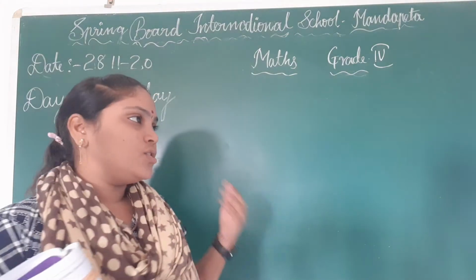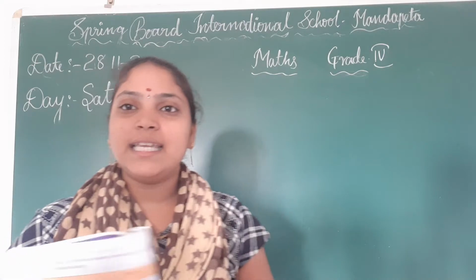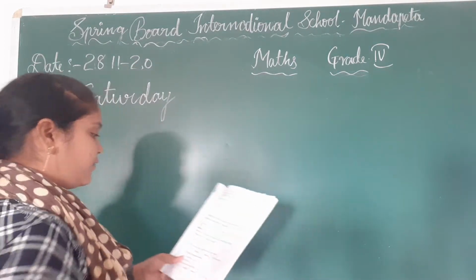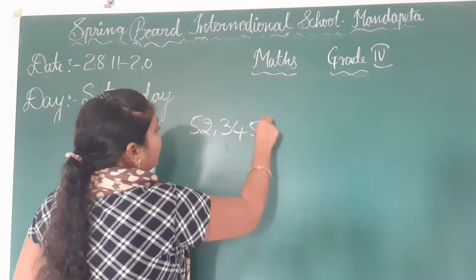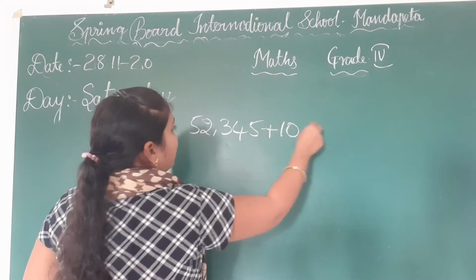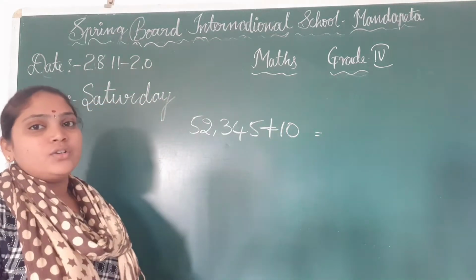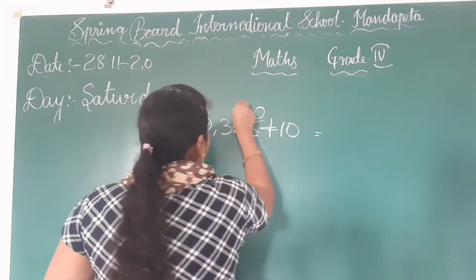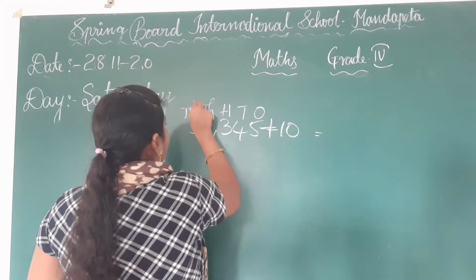Okay children, if you add 10 to a number, the digit in the tens place changes and it increases by 1. For example, 52,345 plus 10. We are adding 10, so first you have to check where the tens place is. It is ones, tens, hundreds, thousands and ten thousands.